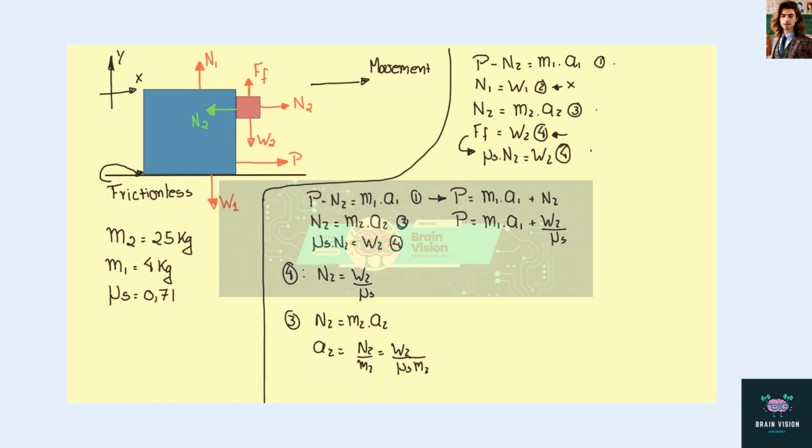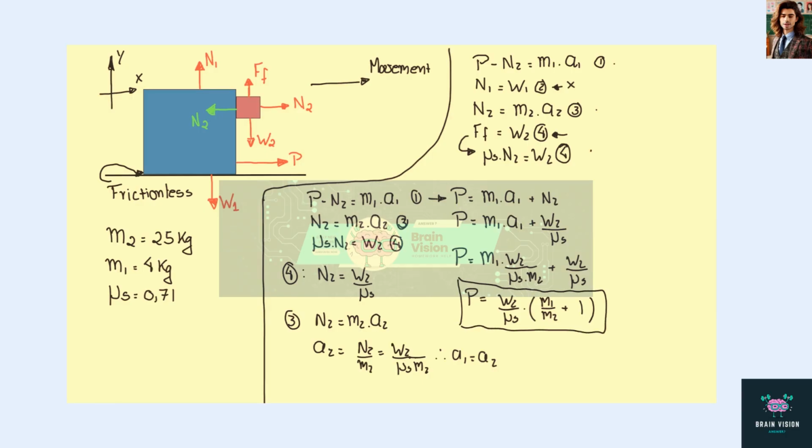It happens that both blocks move at the same time, therefore, A1 is equal to A2. Then, P is equal to M1 times W2 divided by mu static times M2, plus W2 divided by mu static. We can write it as W2 divided by mu static times the quantity M1 divided by M2 plus 1.